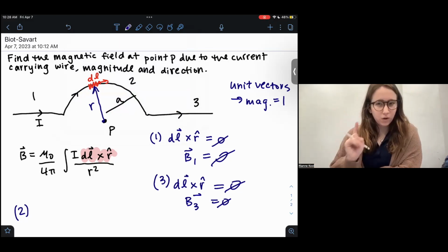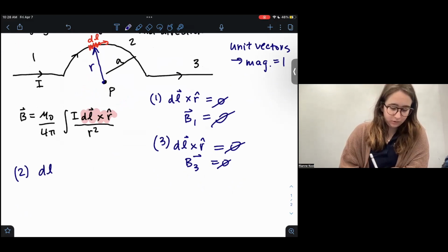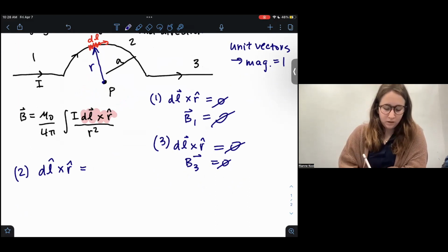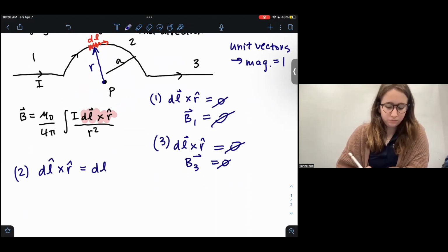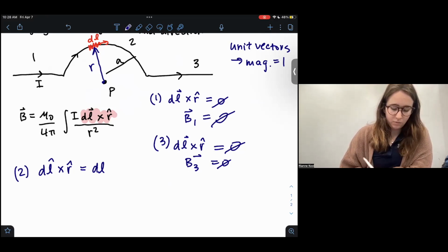So now let's think about this for a second. What angle are these two at this instant? They're at 90 degrees. So we can say that our dl cross r hat is equal to dl.